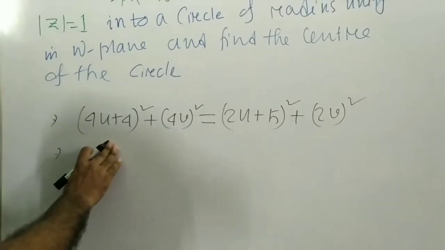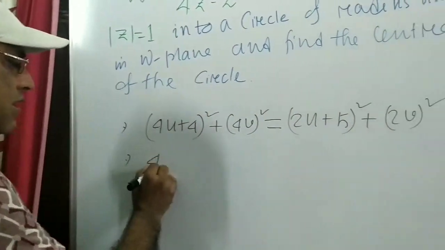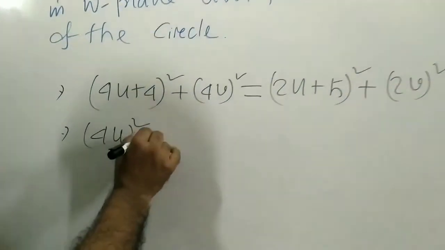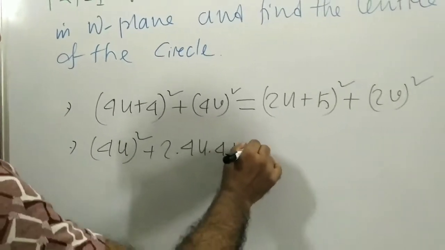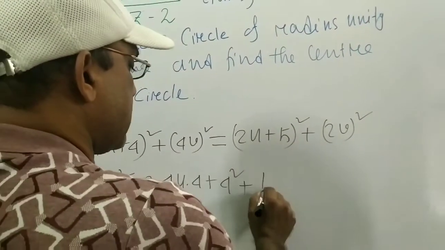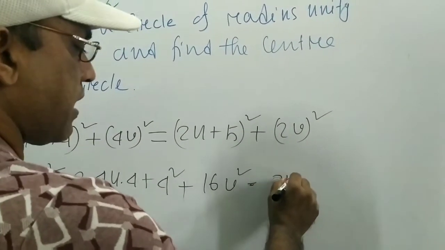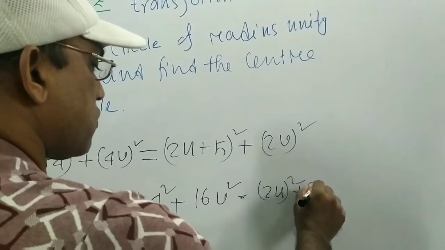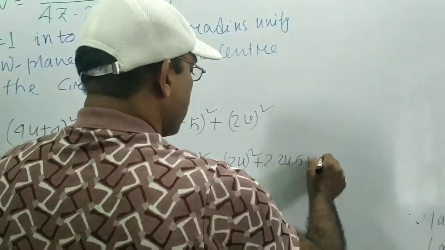Now we use the (a plus b) whole square formula, which is our first formula in our life: a square plus 2ab plus b square.